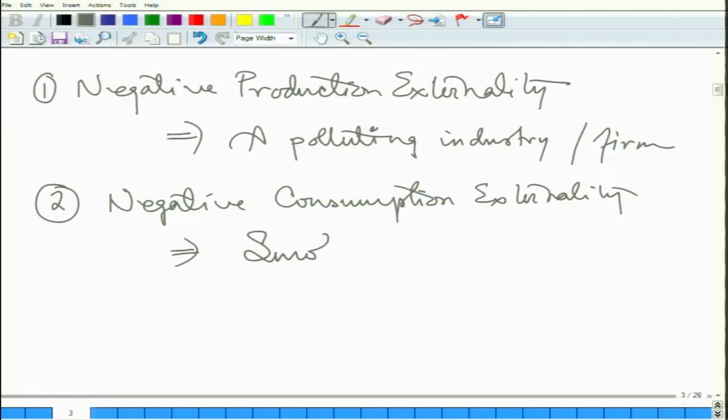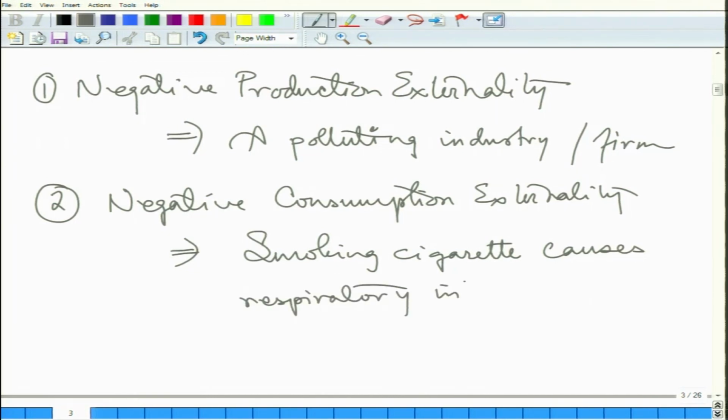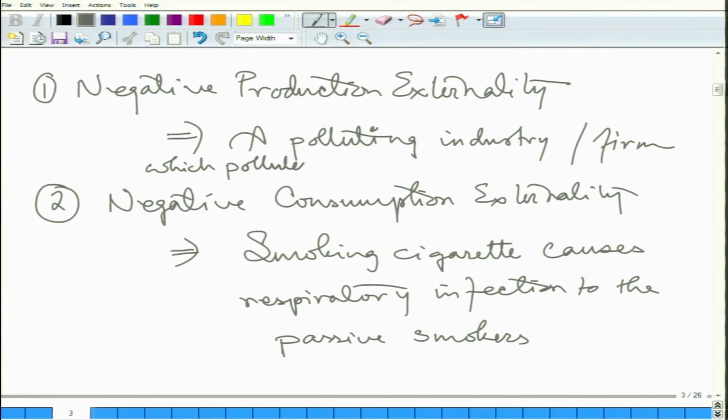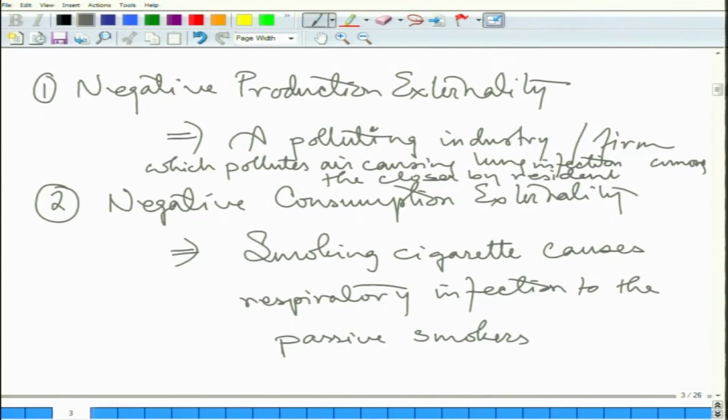So it is like smoking a cigarette causes respiratory infection to the passive smokers, and this polluting industry or firm which pollutes air, causing lung infection among the closer by residents.